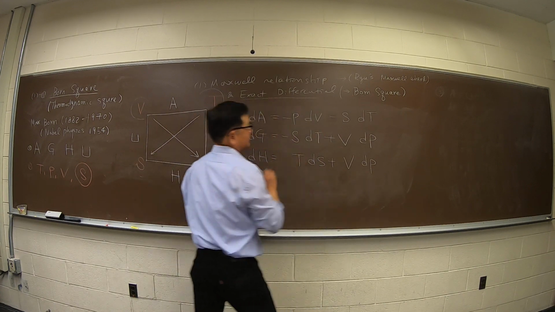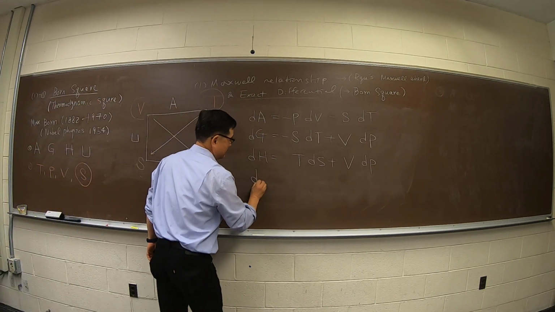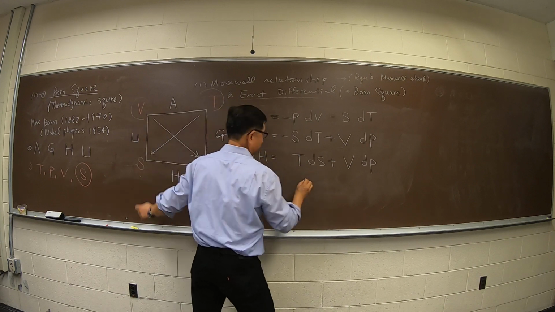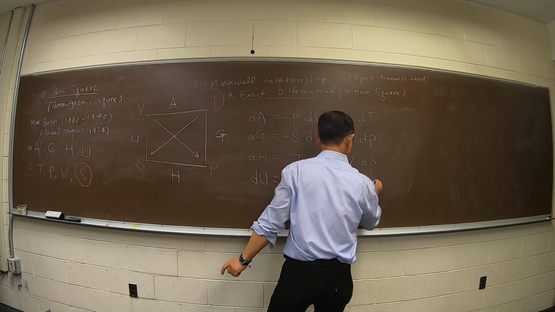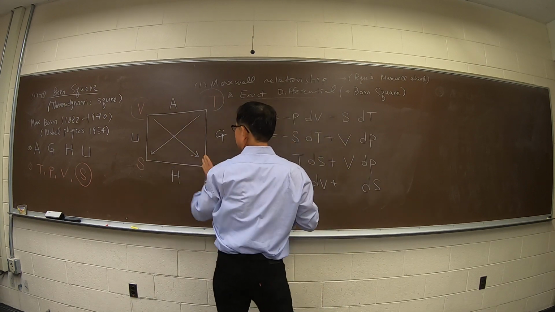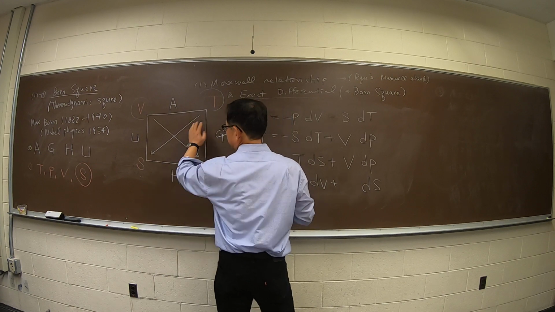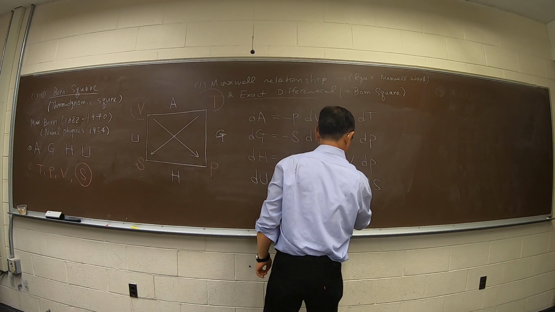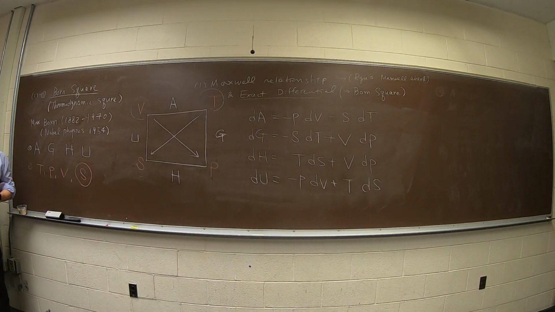The last one, dU. dU needs volume and entropy. The volume needs P against the arrow, so now minus P. This one is following the same arrow, so just a plus. So you've got these four equations.